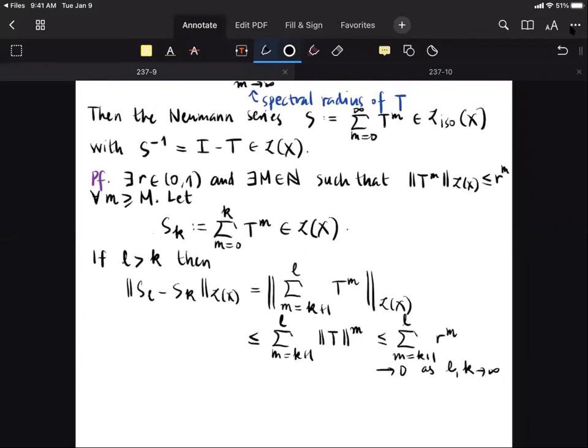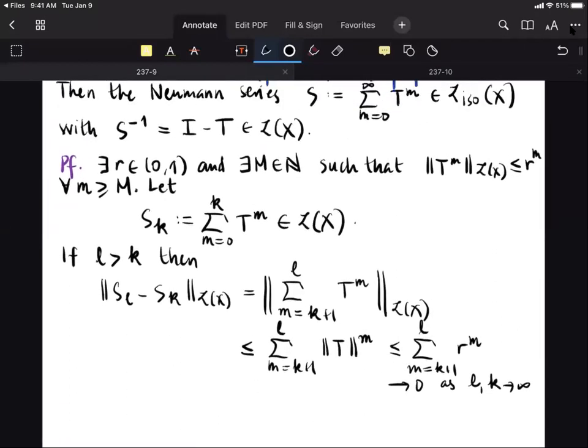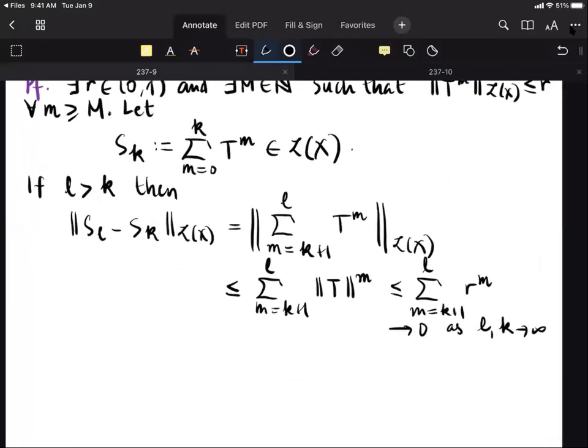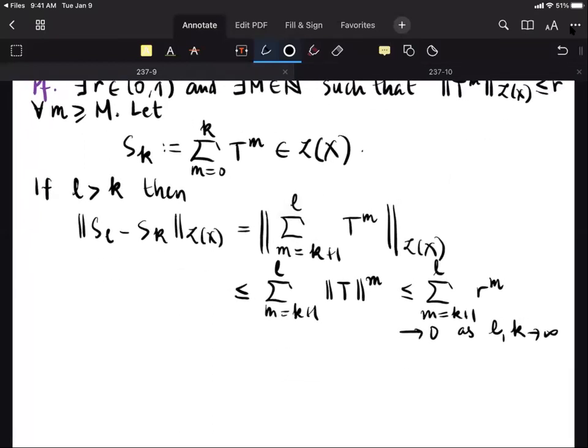So the sequence of partial sums is Cauchy, hence S, which is the Neumann series, by definition is the limit of partial sums, which exists since it is Cauchy.